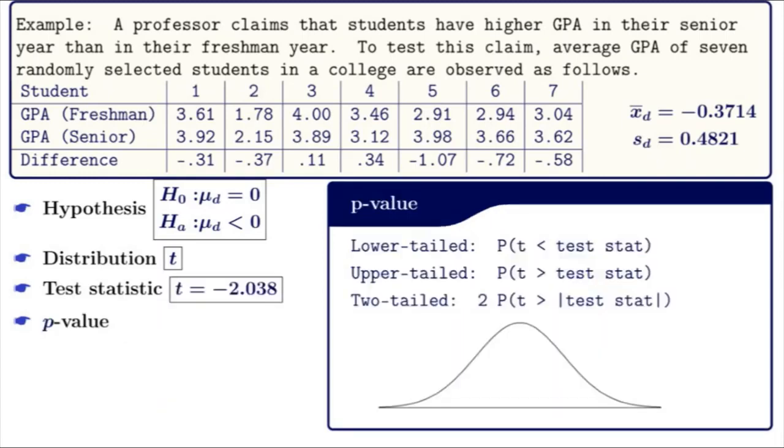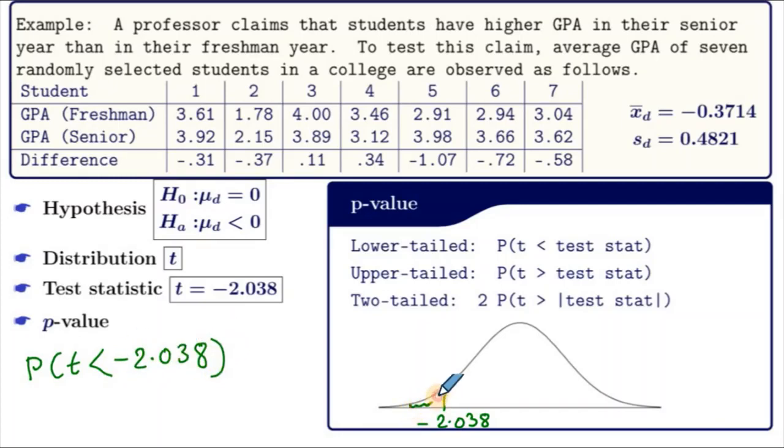Next, let's calculate p-value. First, note that it is a lower-tailed test since we have a less than sign in the alternate hypothesis. Test statistic is negative 2.038. So the p-value is the area to the left of negative 2.038, which means probability of t less than negative 2.038.